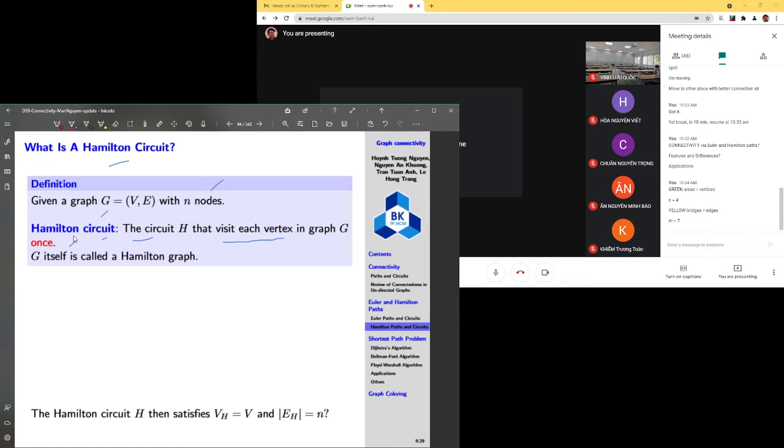And the Hamilton circuit can be identified as Cn, thought of as a subgraph of G. Therefore, if you employ that, then you get the second one here.